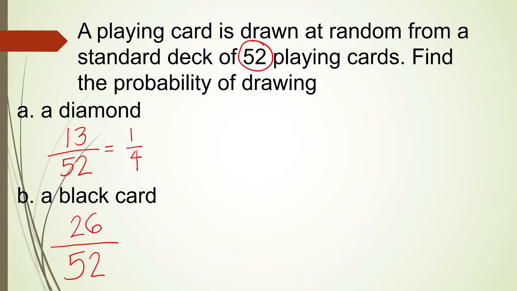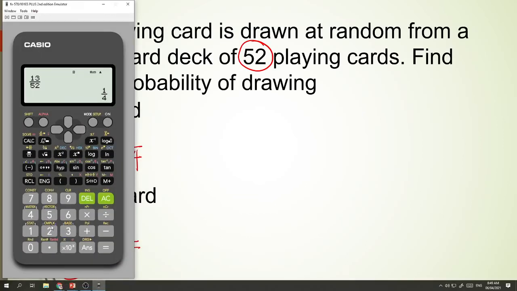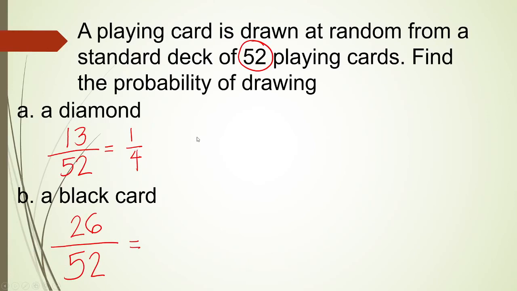O reduce 26 over 52. Use the calculator. 26 over 52 equals 0.5, that's 1/2. Okay? Now, let's have another question.